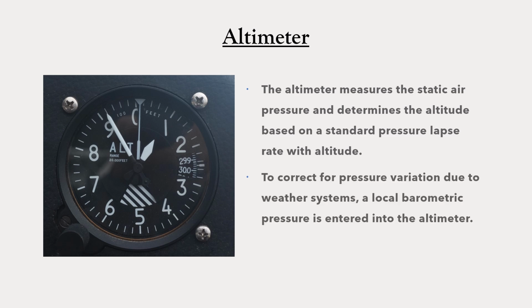Of course, altitude is not the only thing that influences air pressure. Air pressure is also influenced by weather systems. There are areas of high pressure and low pressure you'll see on a weather map. So to correct for this, there is a setting for the altimeter where you indicate the local barometric pressure for the area that you're flying in.